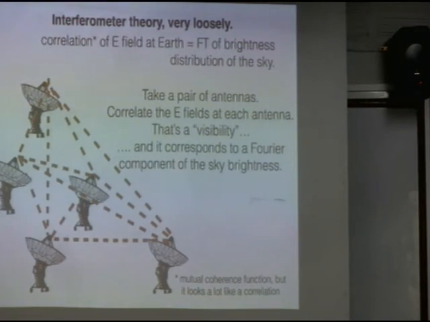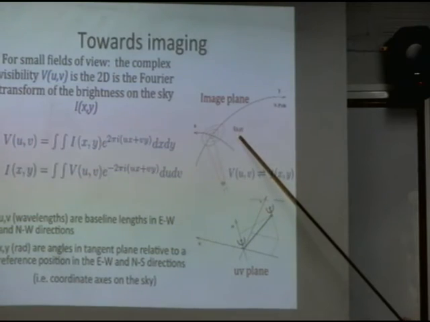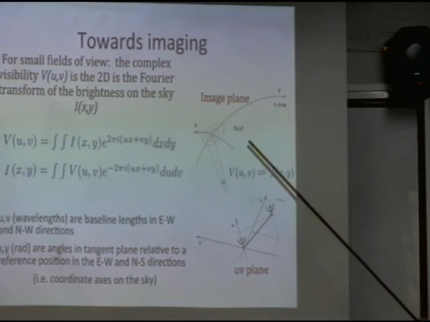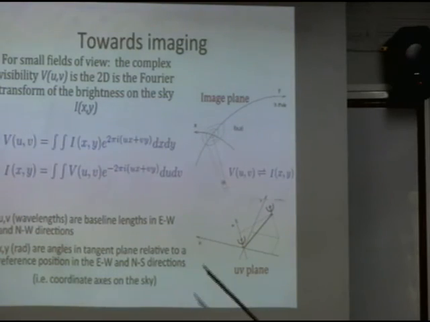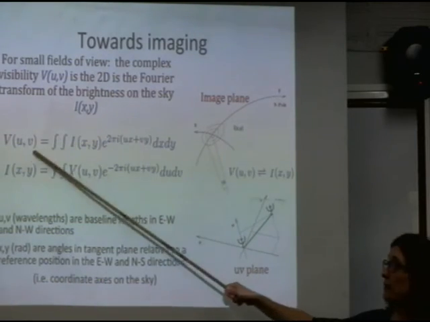So I think this slide is going to perhaps answer your question about why the Fourier transform. This is what we are going to work on. We have the image plane where the source is, with the sky brightness that I talked about this morning, in X and Y coordinates. We are working in the visibility space.